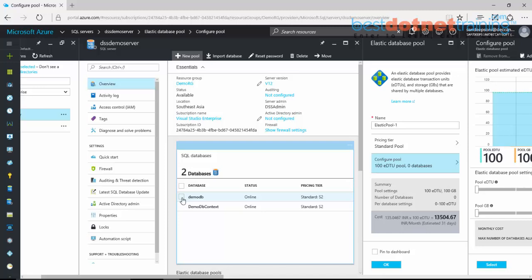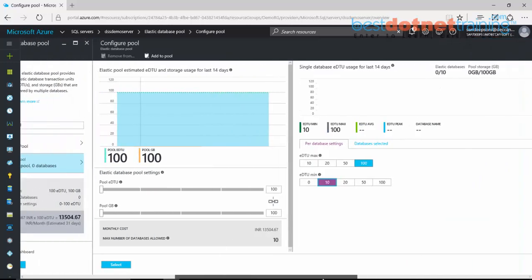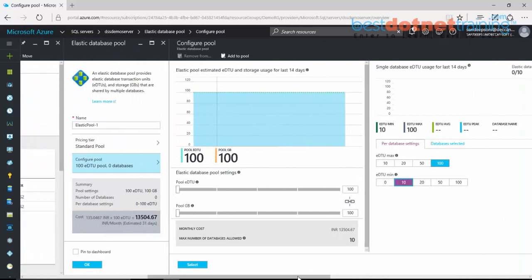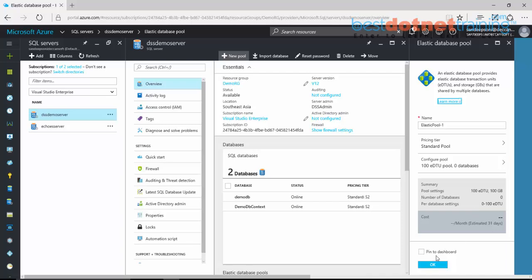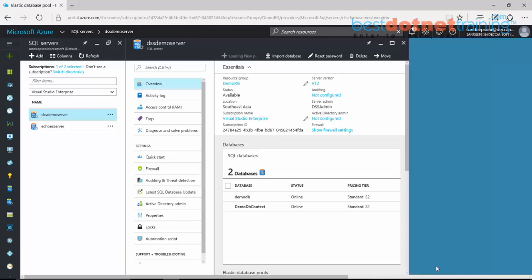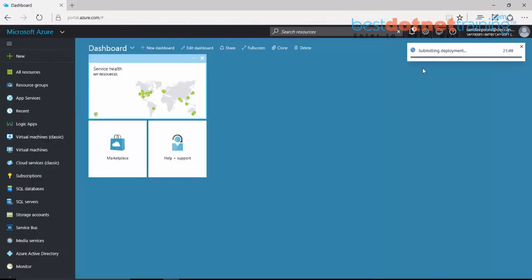After that, we can add multiple databases in the elastic pool. How to do that? First, let us create a pool. 100 eDTUs, 0 databases. Let us create it. Right now, there are no databases, so the pool is going to get created here without any databases.